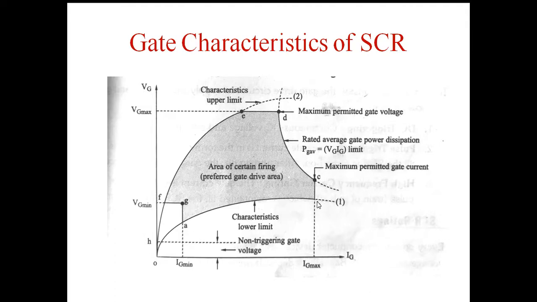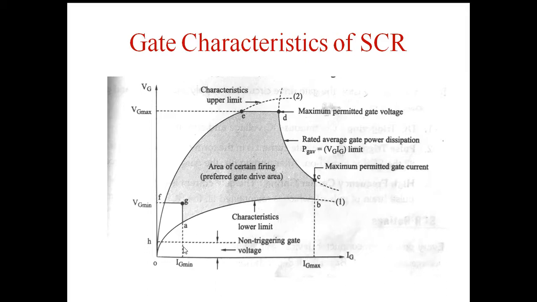And this is the point which is the maximum current allowed through the device. So these are the different characteristic limit points we have to take into consideration, and the safe operating area of this SCR will be this region A, B, C, D, E, F, G, H. If we operate in this safe operating area, the device will operate in a proper manner.